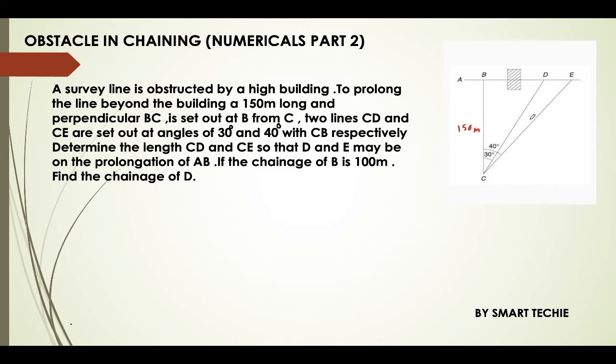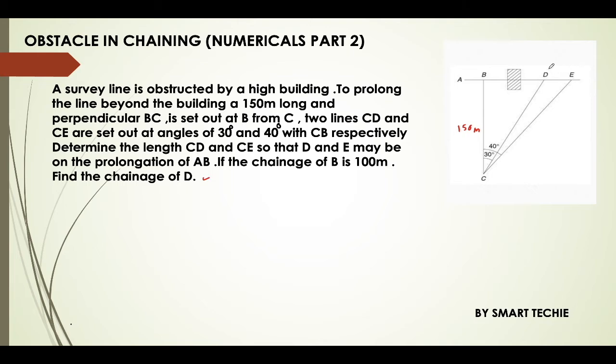Determine the length of CD and CE so that they are in the same line as the prolongation of AB. If the chainage of B is 100 meters, find the chainage of D.